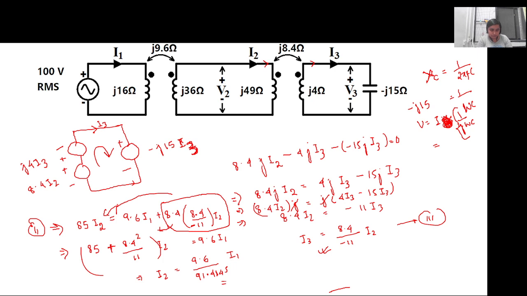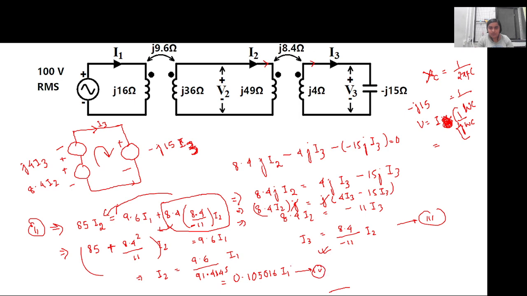So 9.6 divided by that is 0.105016 I1. So let this be equation 4.